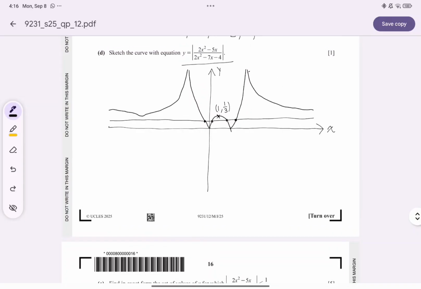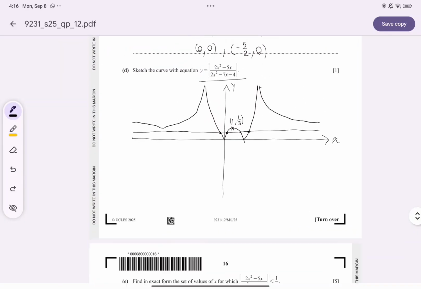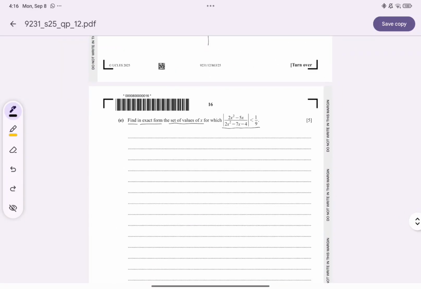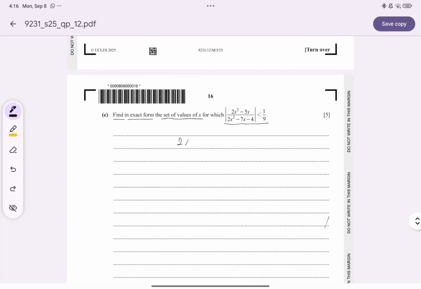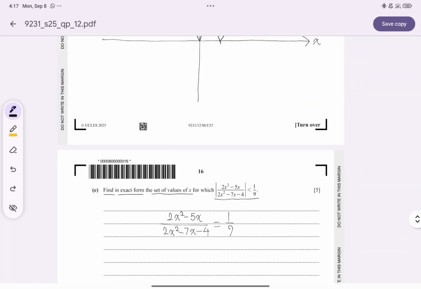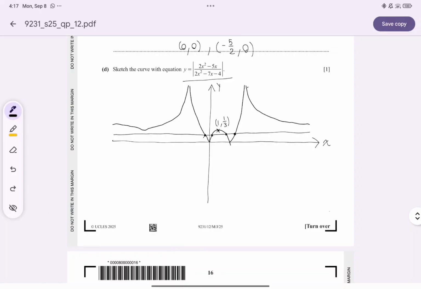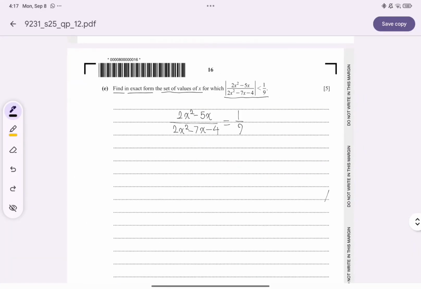To find them, just equate the original equation of the curve to 1 over 9, and that will give you these 2 points which I've marked with a cross.